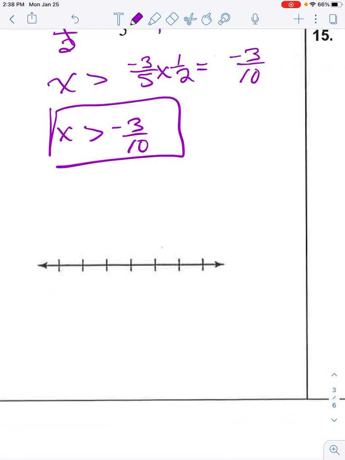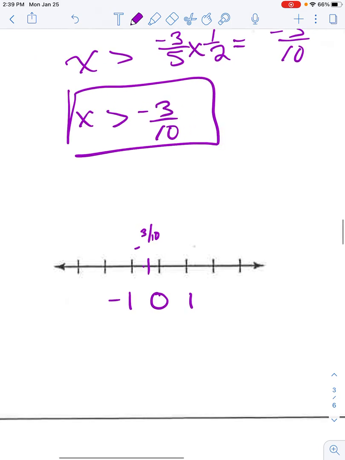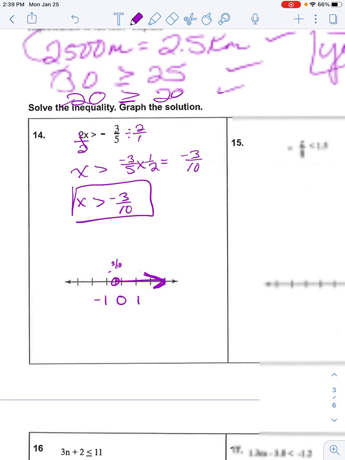I'm going to put negative 1, 0, positive 1. Negative 3/10 is a little bit less than 0.5. This is negative 3/10 or negative 0.3, however you wish to write it. Greater than, so it's an open circle pointing to the right.